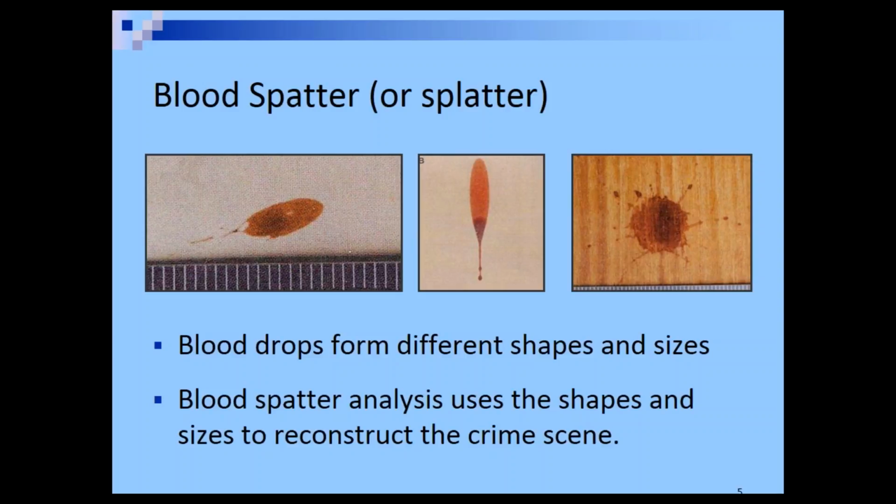So it's up to the blood spatter analyst to come in and look at the different shapes and sizes of the individual blood drops, and then group them together as a pattern and help reconstruct the crime, as far as trying to figure out maybe how many blows there were. What direction the impact came from is a big thing with blood spatter.